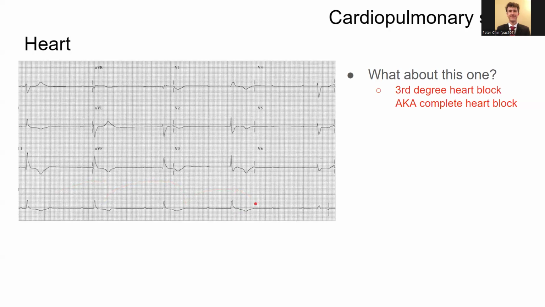So the cardiac conduction system between the atria and the ventricles is disrupted. There's no communication between the atria and the ventricles. And so that's why you have a regular atrial rhythm and a regular ventricular rhythm, but they're just desynchronized from each other.